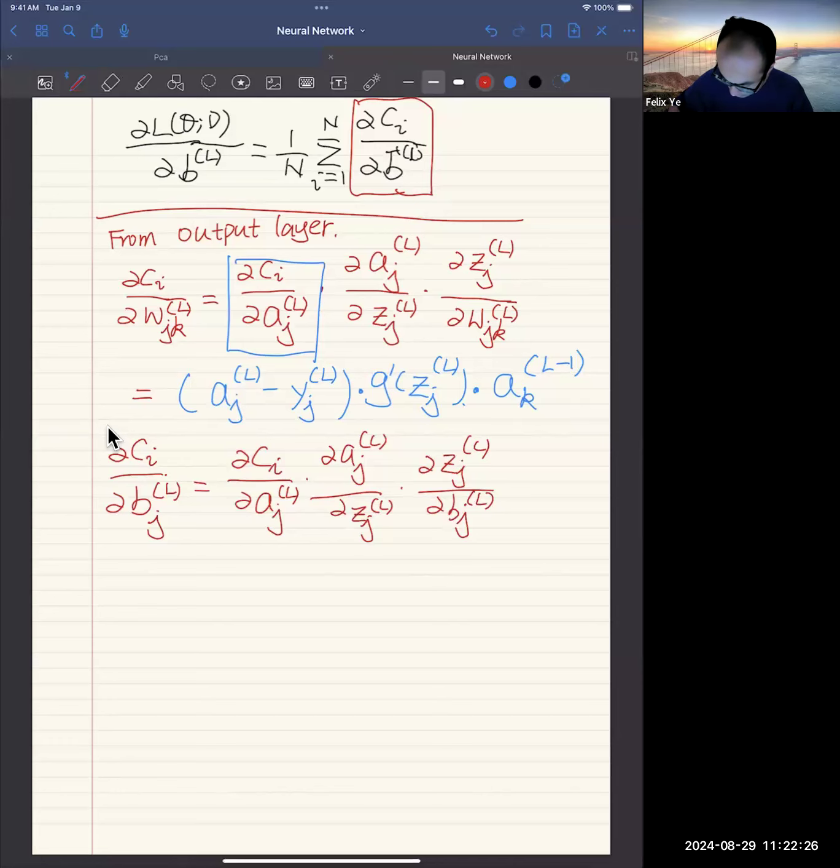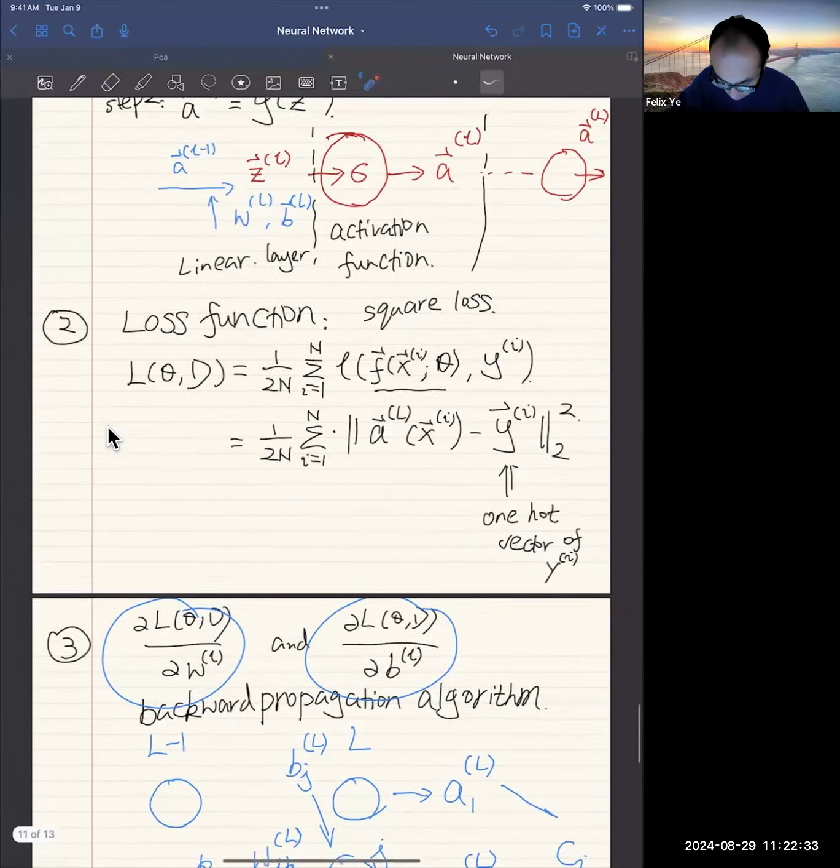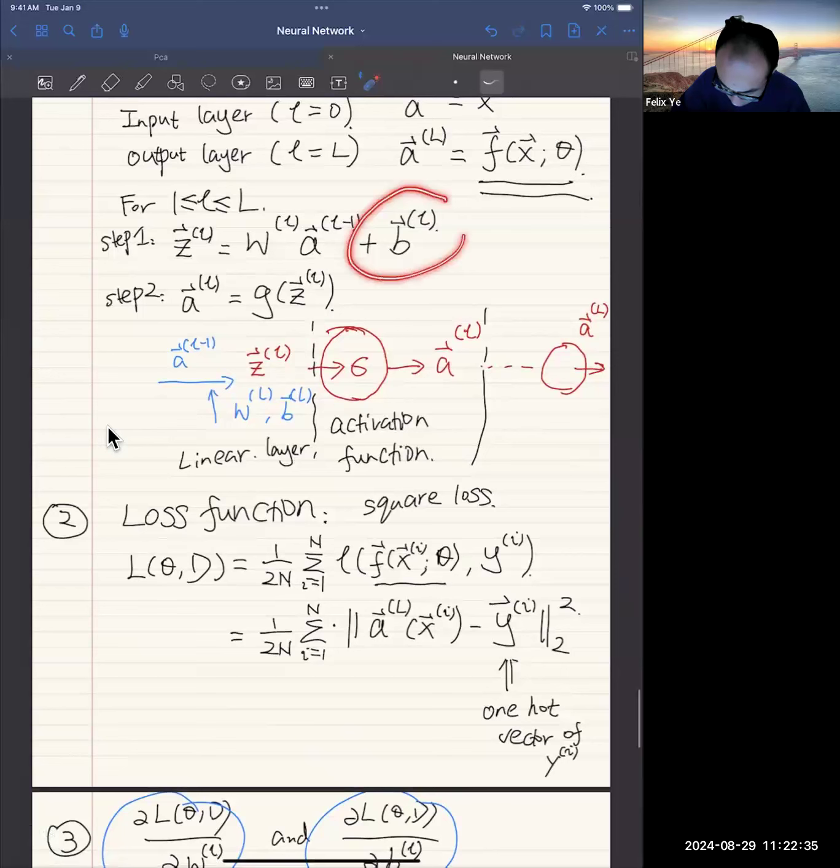Because this is the bias term, if we look at this forward propagation term and take the partial derivative with respect to each component of b_j, this is nothing but 1.